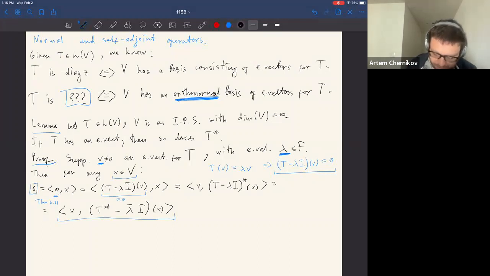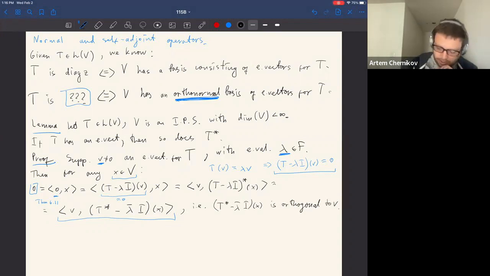So remember, inner product being equal to 0 means orthogonality. So in other words, this is saying that (T star minus lambda bar I) of x, a vector, is orthogonal to v, right?